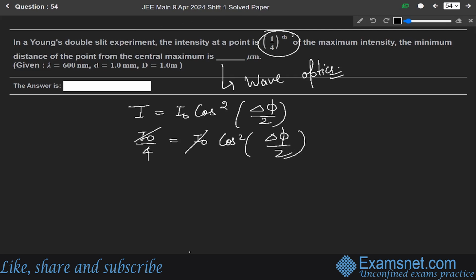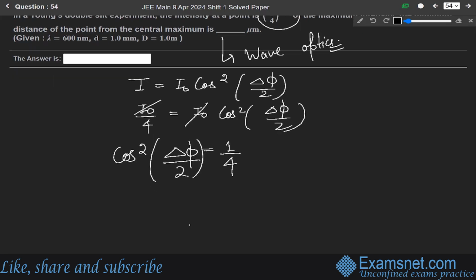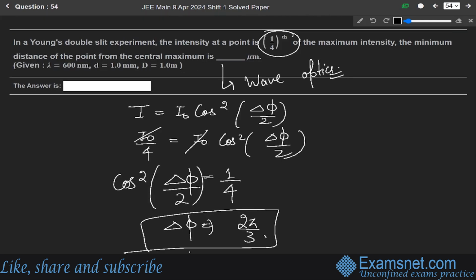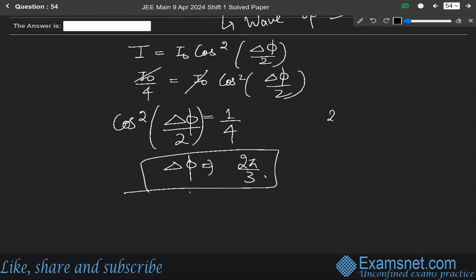So this I naught cancels out. So we get cos square delta phi by 2 equal to 1/4. So here delta phi will be equal to 2 pi by 3. Okay, and we know the formula for the path phase difference is 2 pi over lambda into y d over capital D, where small d is the width between the slits and capital D is the distance between the slit and the screen.